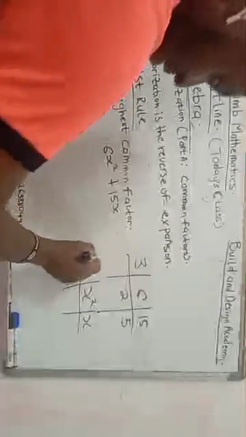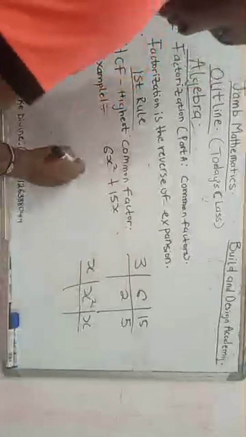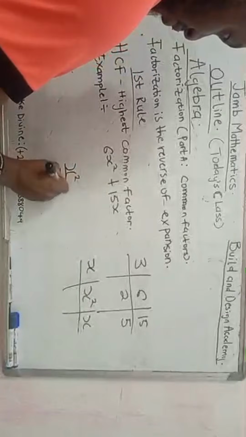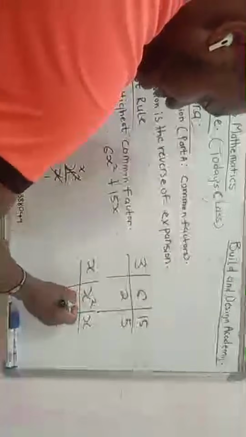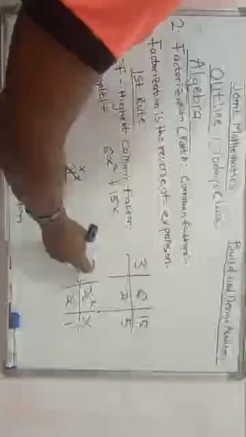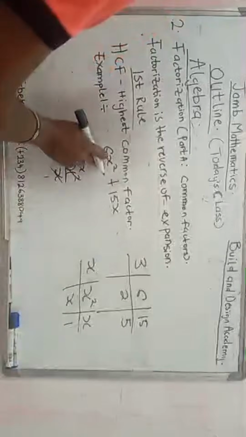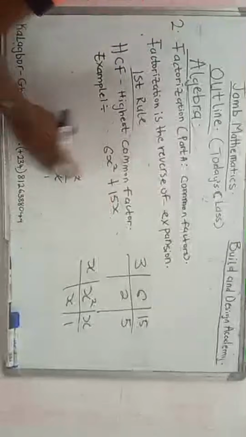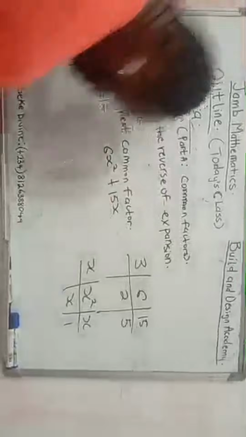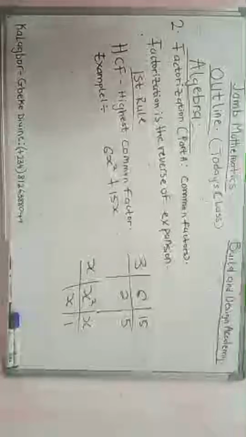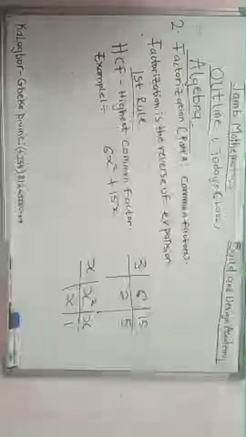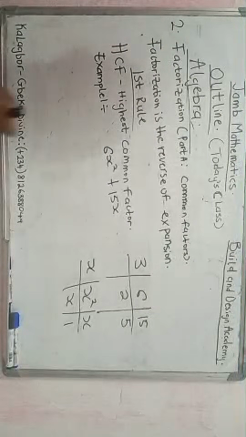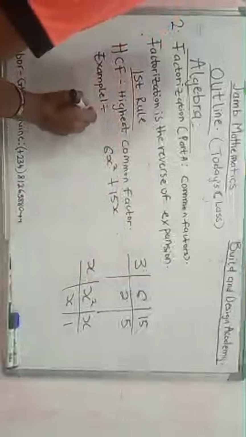If we divide x over x squared, x comes here, we get 1 here, and x will still remain with x. So you get x here and you get 1. So x is the HCF between x squared and x. So we can say that with the common factor method, our factor will be 3 and x.